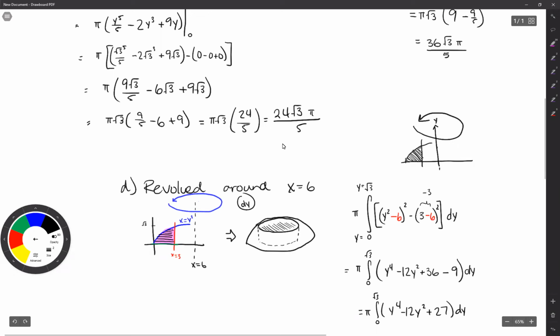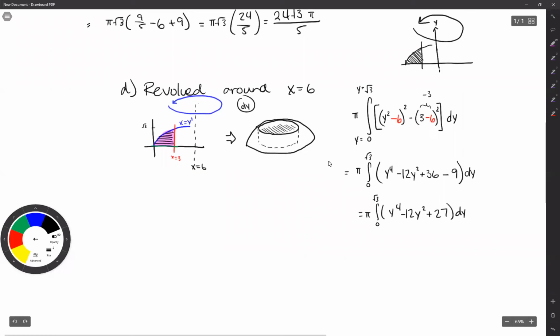Okay. All right, so let's keep on going. Pi times, well, we can integrate y to the 5th over 5, minus 12y cubed over 3. 12 over 3 is 4, so minus 4y cubed plus 27y, evaluated at 0 and square root of 3. Okay, almost there.